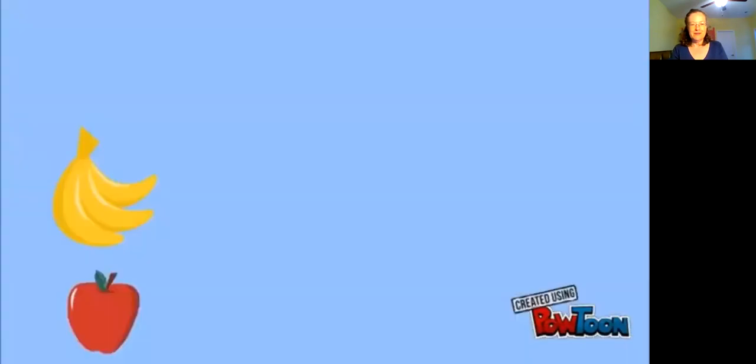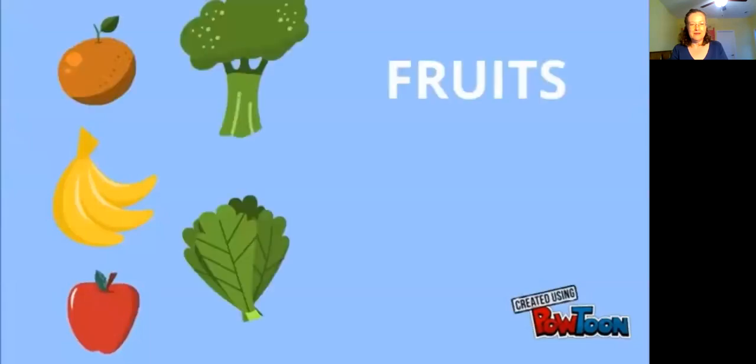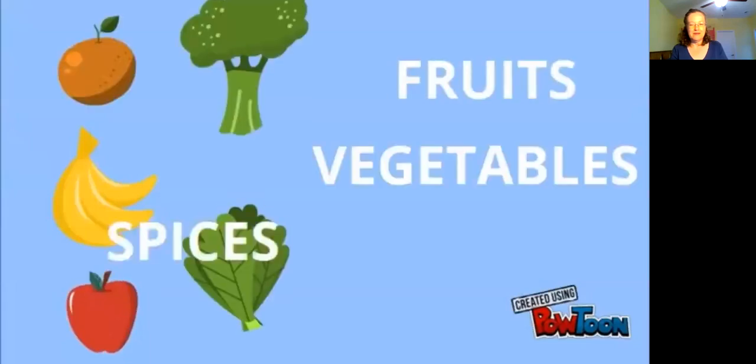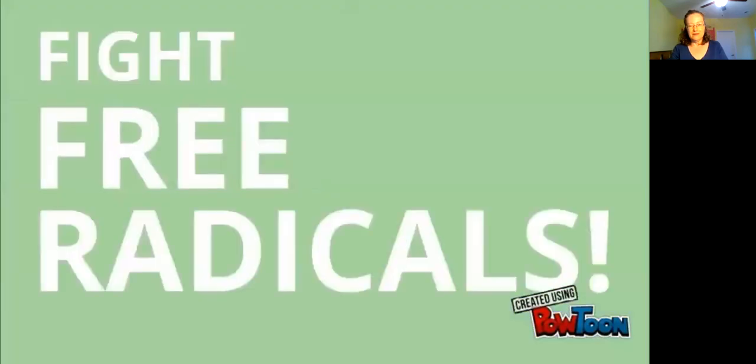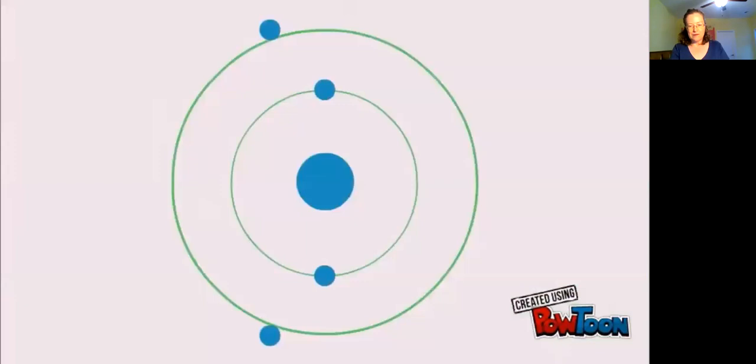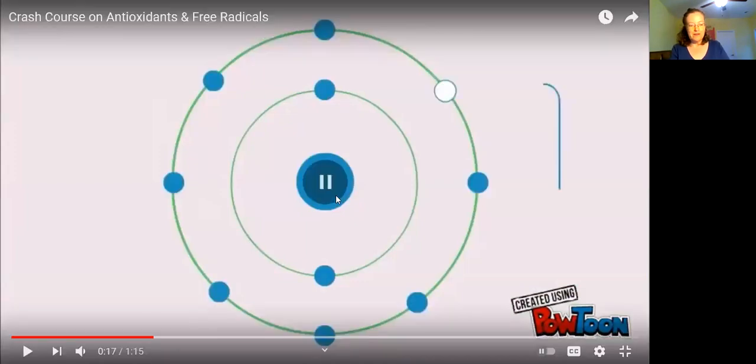Here we go. What are antioxidants and free radicals? Antioxidants are chemical substances found in fruits, vegetables, and spices that fight against the harmful effects of free radicals in the body. Free radicals are molecules in the body that are... Okay.